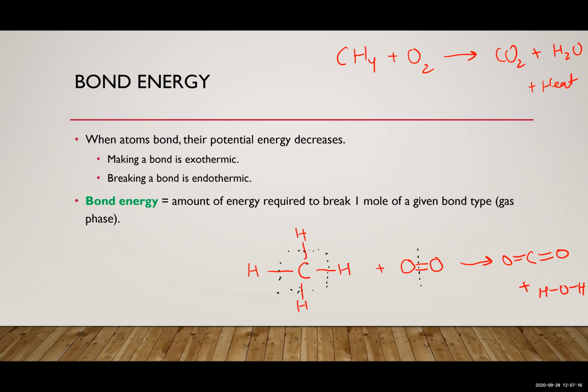Then carbon needs to create a new bond with oxygen two times, one on the left side, one on the right side. And water will also need to create bonds with oxygen. So can I say that in a chemical reaction, some bonds are broken and some bonds are formed? That's actually what happens in a chemical reaction.